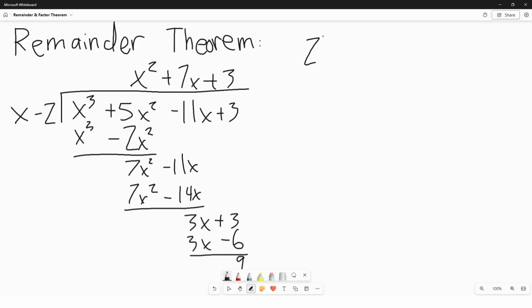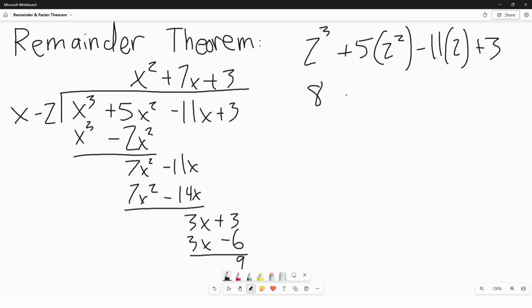So we get 2 cubed plus 5 times 2 squared minus 11 times 2 plus 3. And we get 8 plus 5 times 4, which is 20, minus 22 plus 3. And this, we get 9.